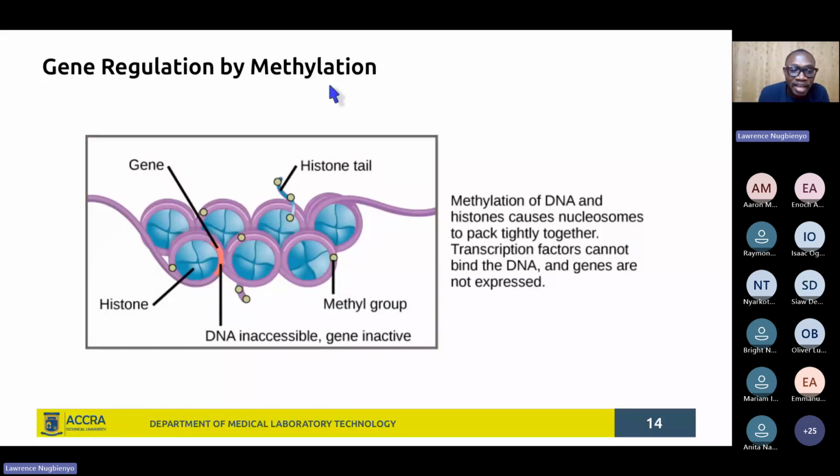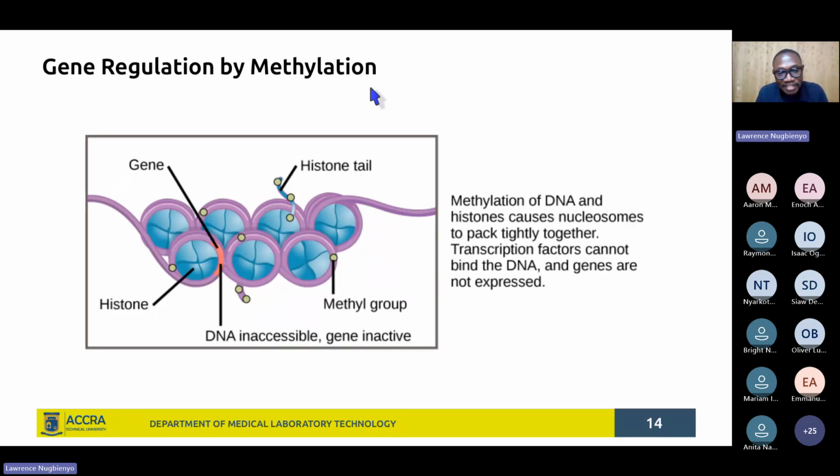Methylation is just the addition of a methyl group. So a methyl group attaches onto the histone protein. Methylation can also attach to the nucleic acid, the phosphate groups, and then no charges, then they can bind together.